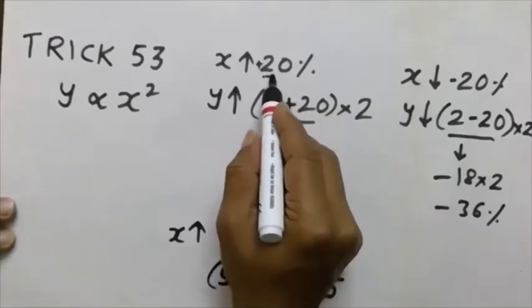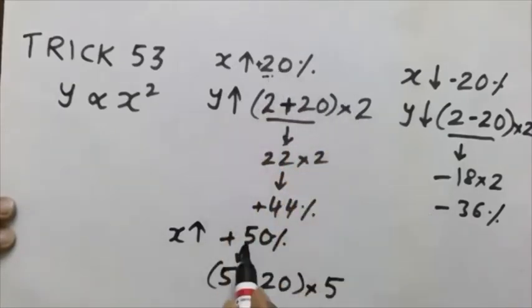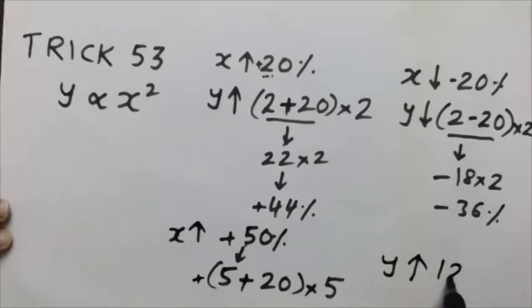Here 2 into 2. Here 5 into 5. So what will you get here? This is 25 plus 25 into 5. It is 125. The y value will now increase by 125%.